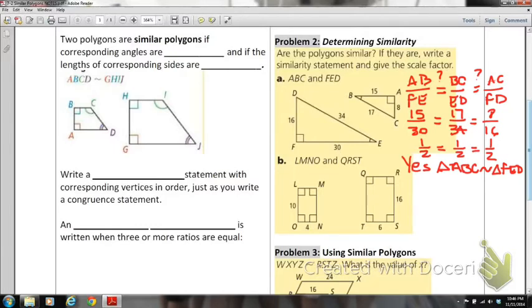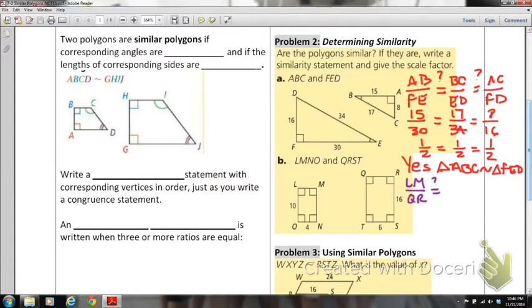On the next problem, we have two quadrilaterals, LMNO and QRST. So once again, look at your corresponding sides. LM corresponds to QR.